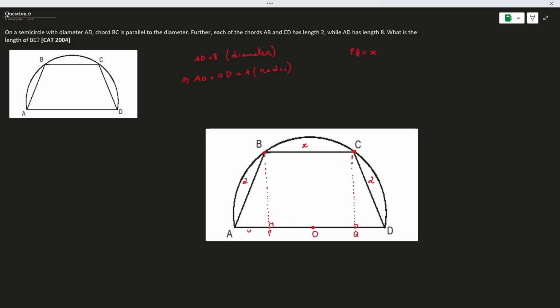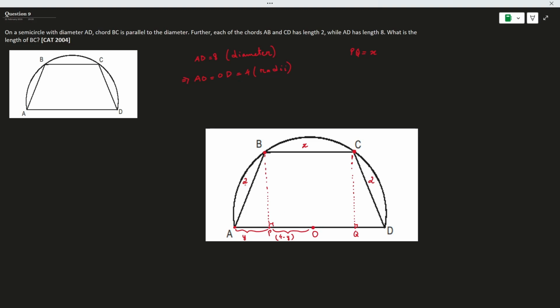Suppose this length is y units. So what will be this length? This length will be 4 minus y, because the total must be 4. AO is the total. AO must be 4.